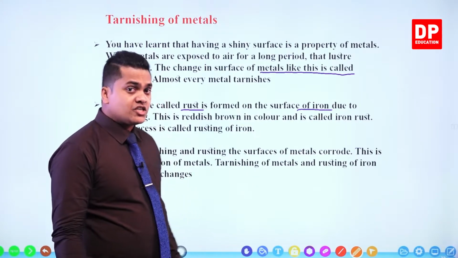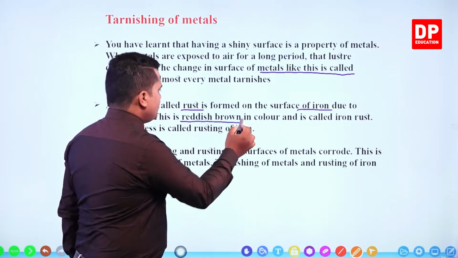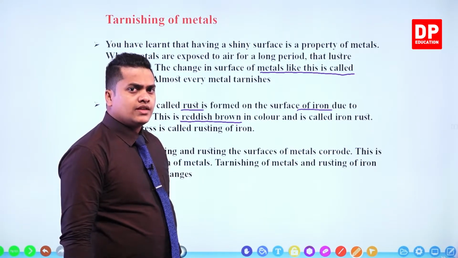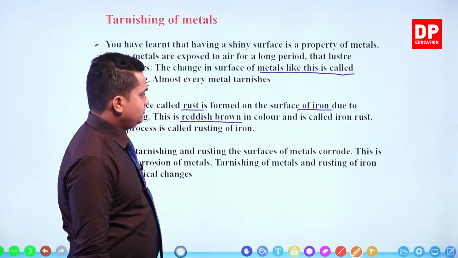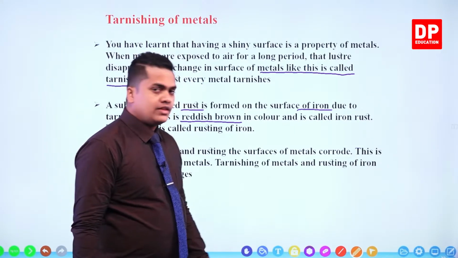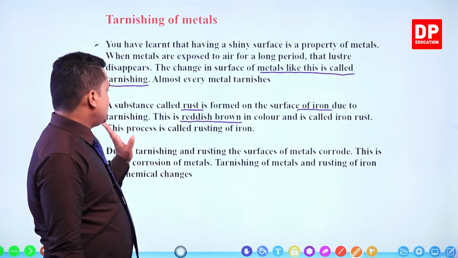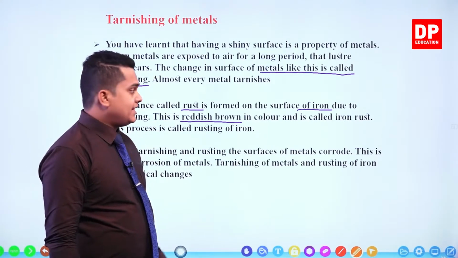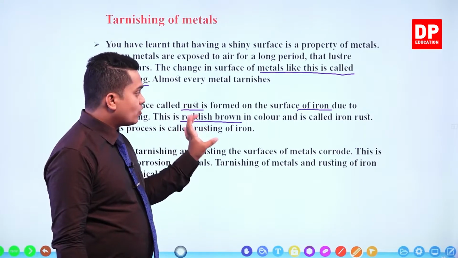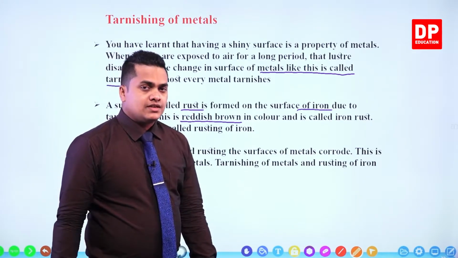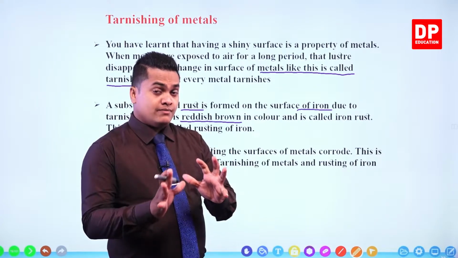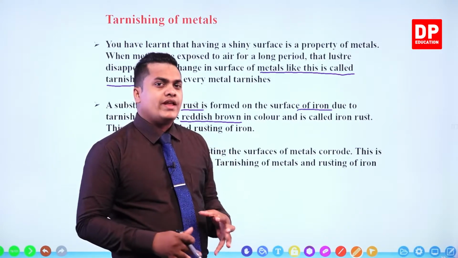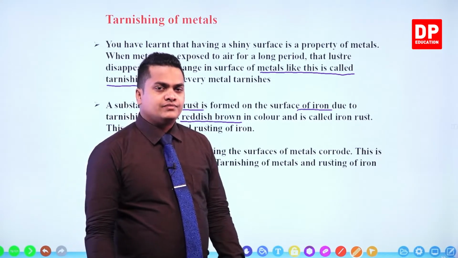Reddish brown, brownish color, that's the color of iron rust. This process is called the rusting of iron. So making this reddish brown color substance on iron, my dear children, is specially called rusting of iron.